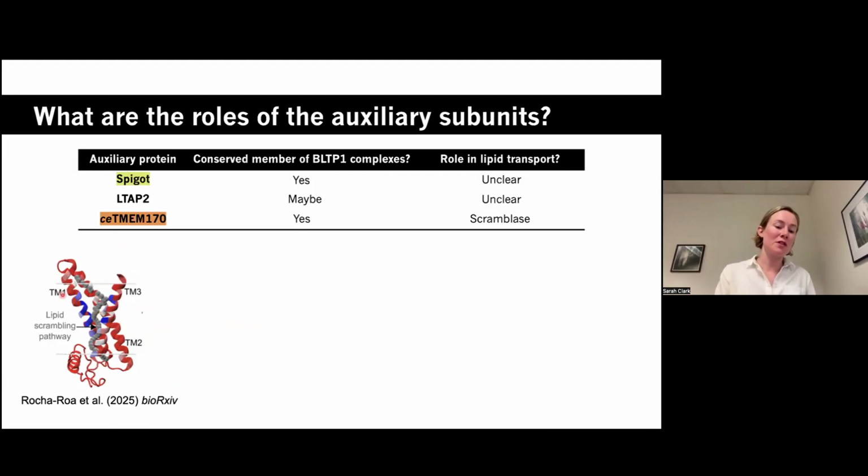So it's composed of these 3 transmembrane helices, and they showed, you can see this gray line sort of snaking up through the middle, that it's a lipid scramblase, and this is the lipid scrambling pathway through the membrane that leads right up through the center of those 3 transmembrane helices. And they showed this through a series of computational experiments and also in vivo experiments in yeast.